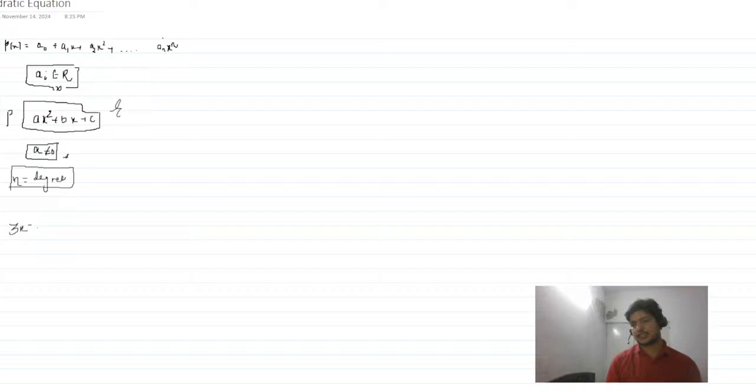Why? Because what about 1 by x and 3x to the power minus 2? Because it has a degree of a negative number, sir. It's a kind of reciprocal thing. Yes. If you have anything in the form of a power that is negative, that will not be considered a polynomial, right? Yes, sir. This is the basic thing that we need to understand, that's why I asked you this question.